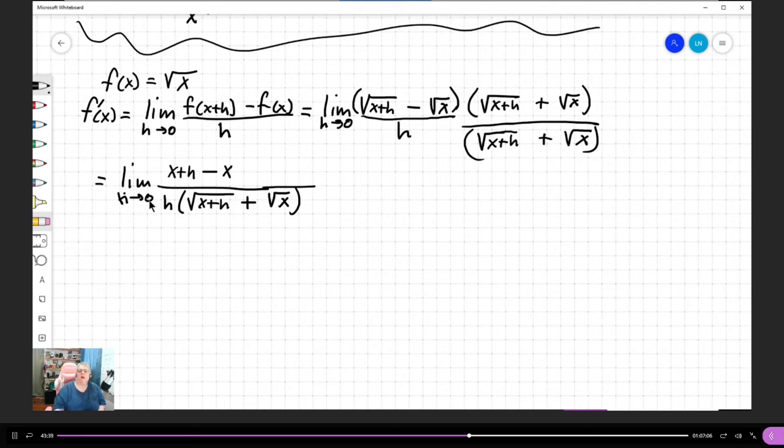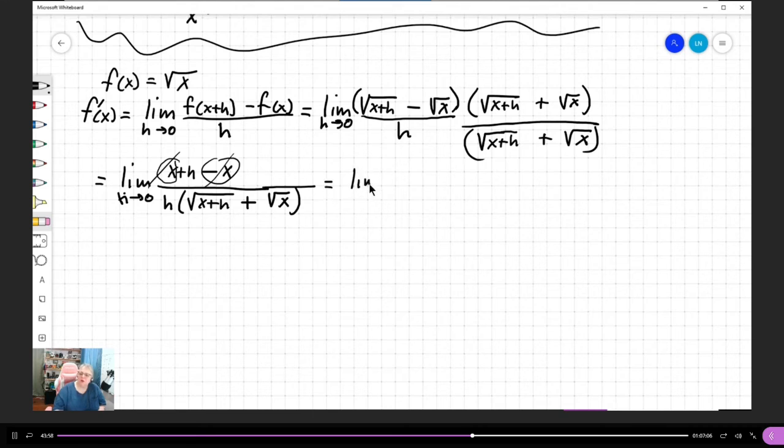I still can't plug in because I've got an h down here, but up here I have plus x minus x, so those go away. Those add to 0. And I'm left with just an h in the numerator.